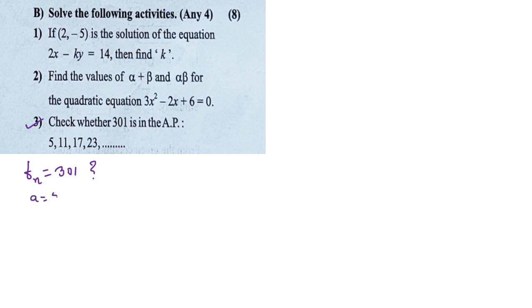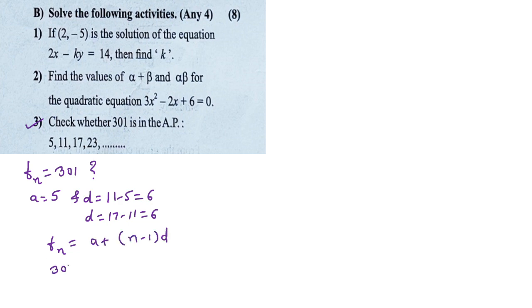a is equal to 5 and d is equal to 11 minus 5, that is 6, or 17 minus 11, that is also 6. d is equal to 6. Then write the formula that Tn is equal to a plus n minus 1 into d.